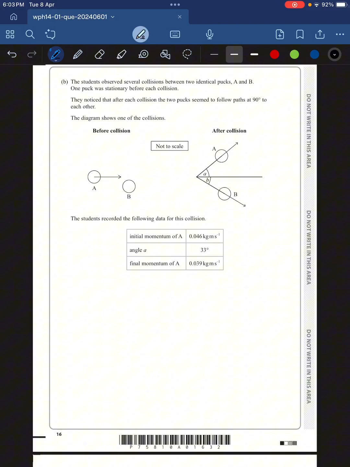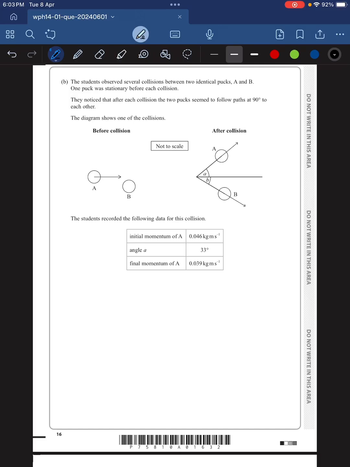The students observed several collisions between 2 identical pucks, A and B. One puck was stationary before each collision, okay? So puck B was pretty much stationary. They noticed that after each collision, the 2 pucks seem to follow paths at 90 degrees to each other. The diagram below shows one of their collisions. So this angle is assumed to be 90 degrees, okay?